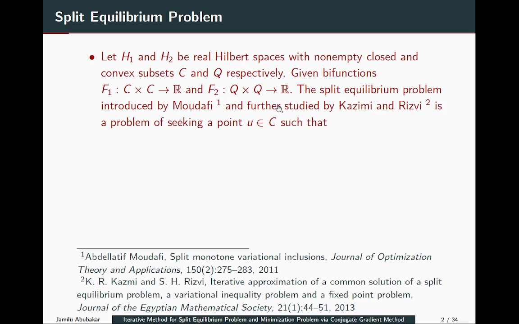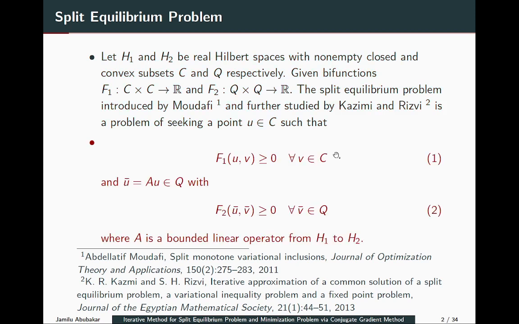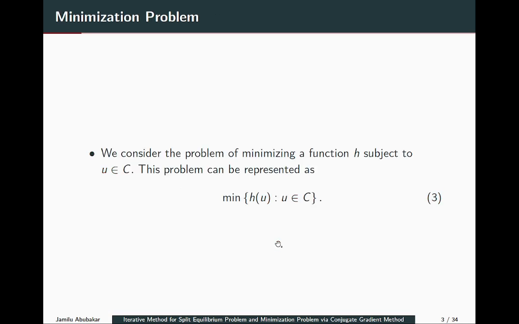Then the split equilibrium problem introduced by Moudafi and further studied by Kazmi and Rizvi is a problem of seeking a point in C such that this inequality is satisfied for all v in C, and at the same time, the image of that point in Q also satisfies this second inequality, where A is a bounded linear operator from H1 to H2.